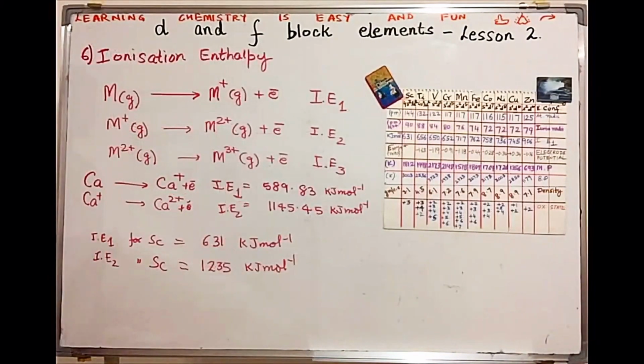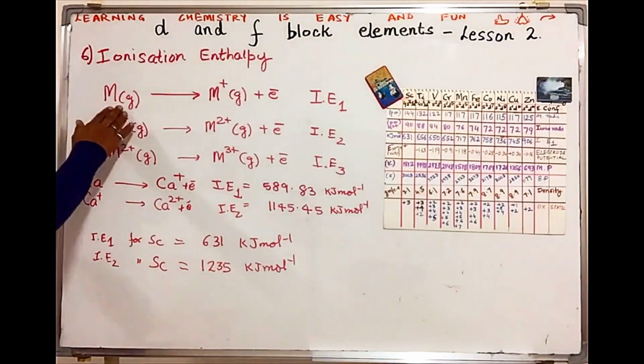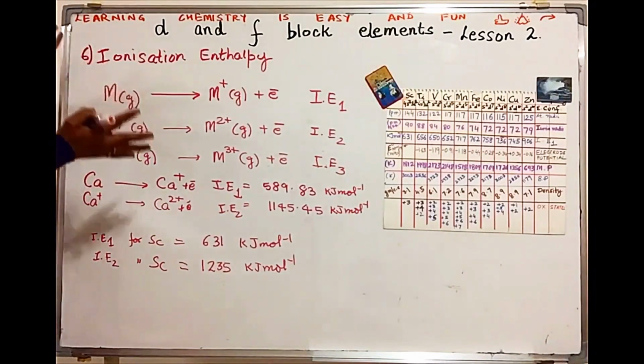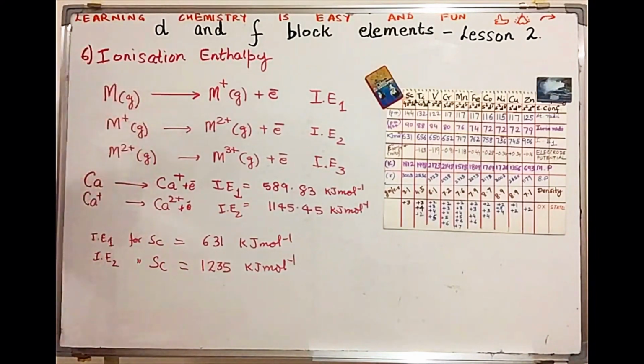Ionization enthalpy: the energy which you require in order to remove an electron from a neutral gaseous atom. Now this is its exact definition. We are going to take a generic view. That means simply the amount of energy you need in order to pull out an electron from a neutral atom.